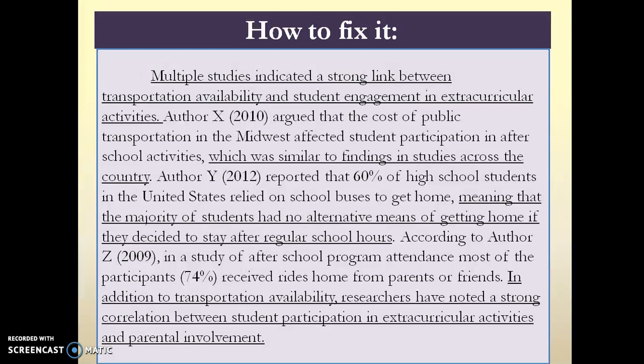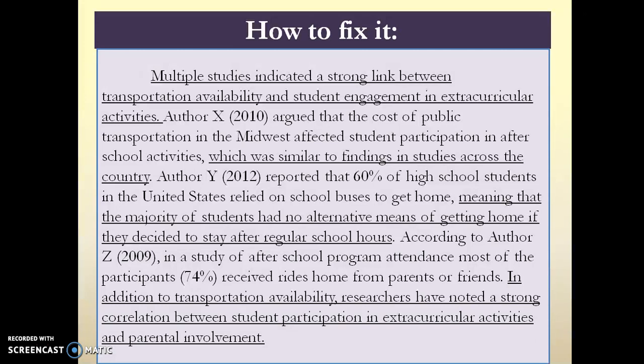In addition to transportation availability, researchers have noted a strong correlation between student participation in extracurricular activities and parental involvement. That last sentence, by the way, is what we would refer to as a transition sentence, and that's indicating that the next paragraph is going to be about this connection between parental involvement and student participation in extracurricular activities. So that's how you fix that.